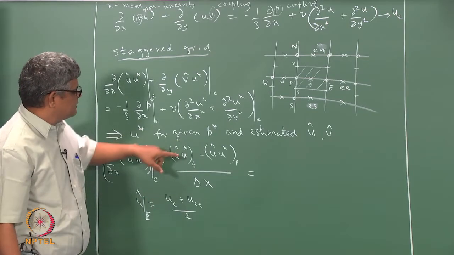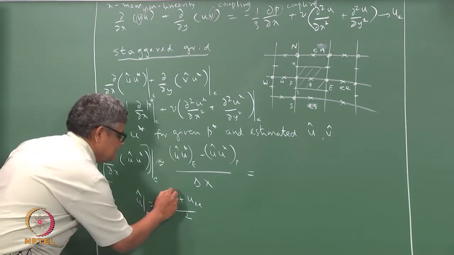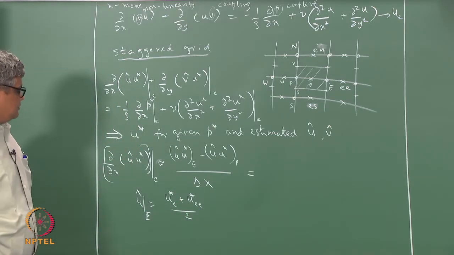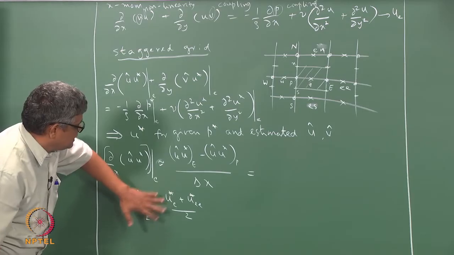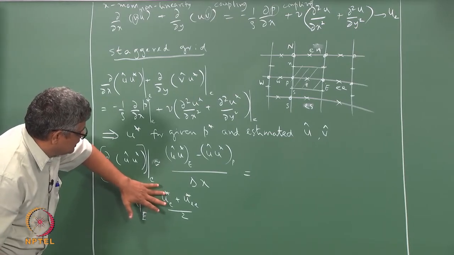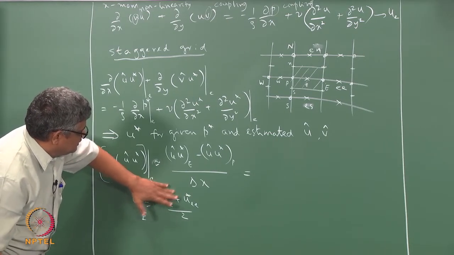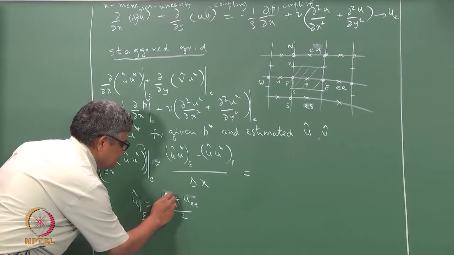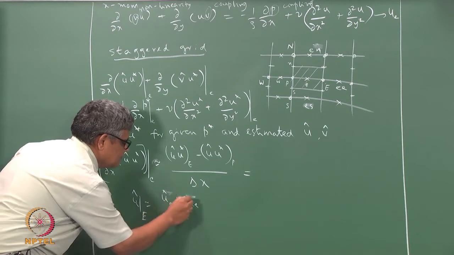Now this is an equation for u star, so if we make this the current value of u star, then it becomes nonlinear. So we will put this as the previous values.